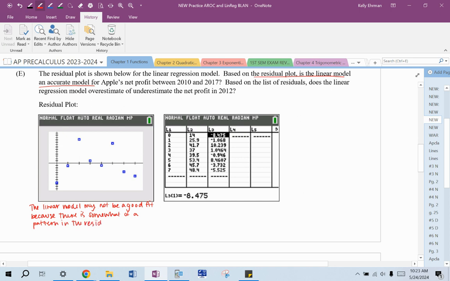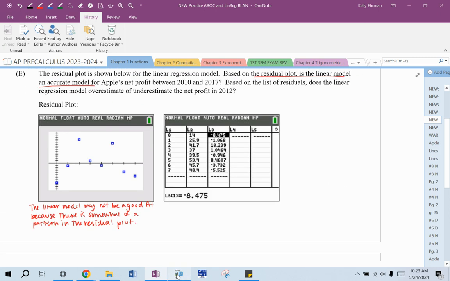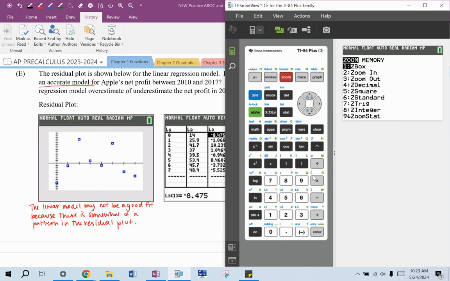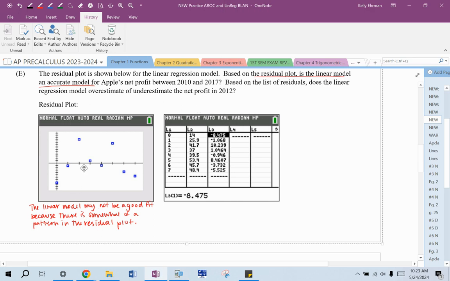I don't have to say what I think would be better. Like when we saw almost a clear parabola in our notes, we said, oh, maybe quadratic's better. Maybe this is some sort of degree 4 or something, or it's probably just that there was fluctuation in the graph. Remember, all this does is if we want to see the graph, we could zoom 9. All this does is show that sometimes the points are above, then they dip below, and above, and then back below. So I don't know what model's better, but this one might not be great.